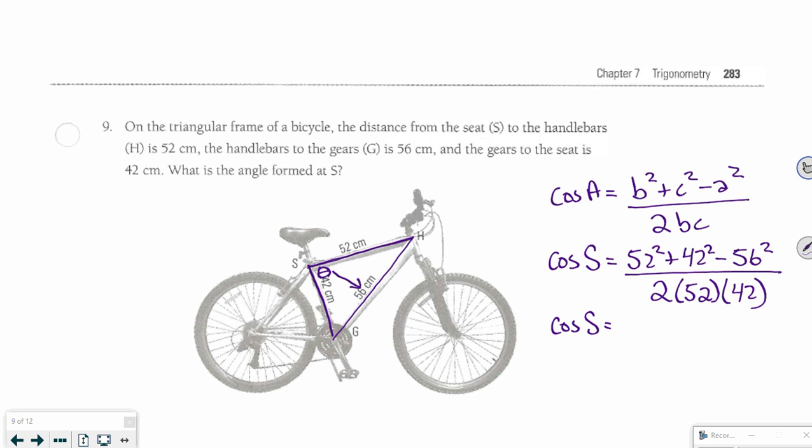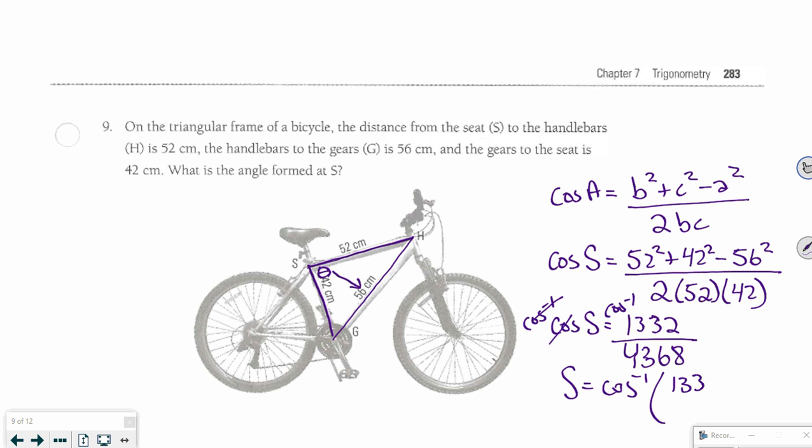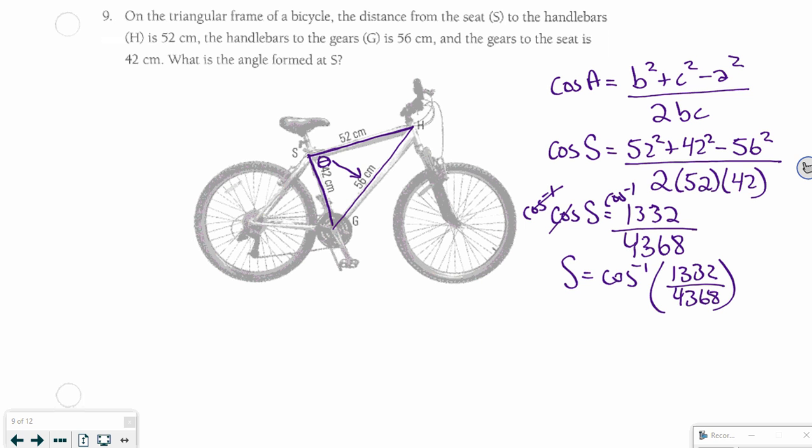So cos of S equals 1332 divided by 4,368. We do the inverse cos to get S alone. That's going to cancel, leave us with S. So cos inverse of 1332 over 4368. And angle S equals 72 degrees.